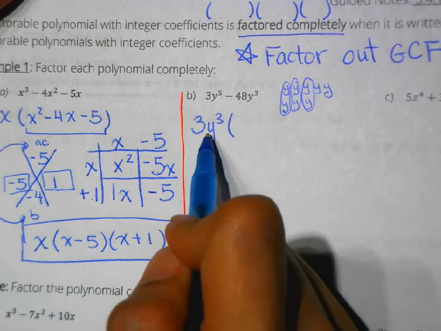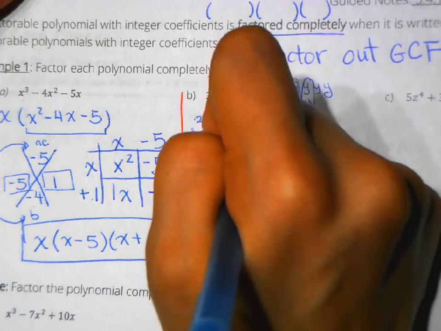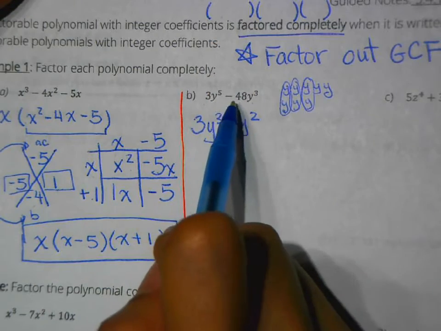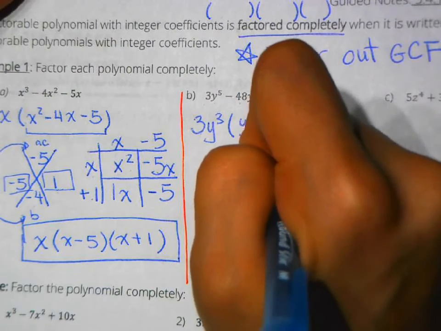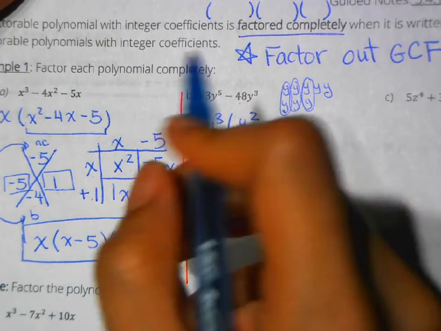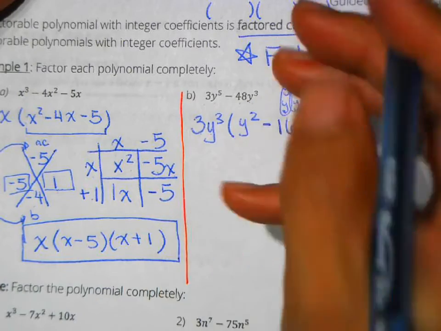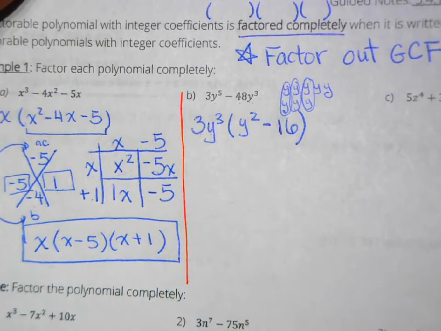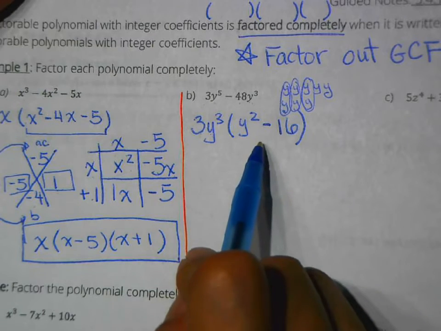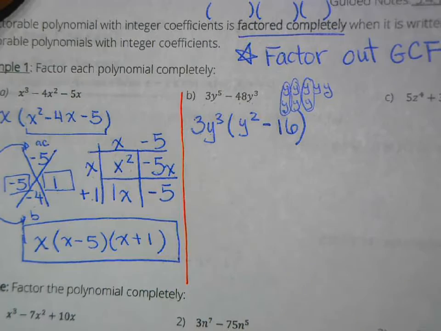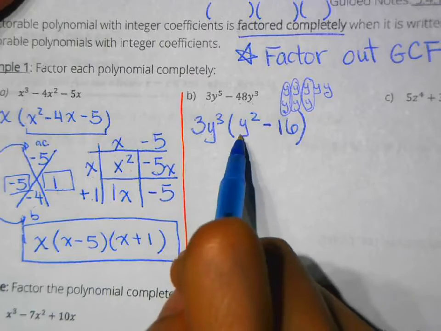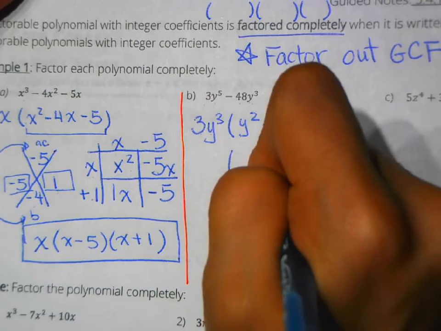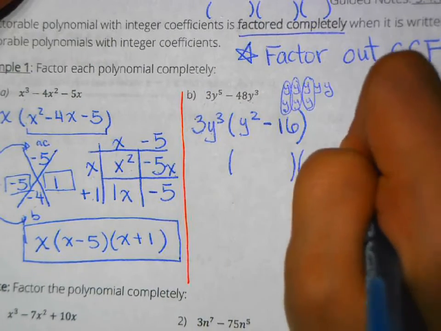3y to the fifth divided by 3y cubed is going to give me y squared. 48 divided by 3 is going to give me 16. y cubed divided by y cubed cancels. This is a difference of squares, like we saw earlier in the lesson yesterday. With a difference of squares, you can look in the formula chart, because that's a perfect square, a special pattern.